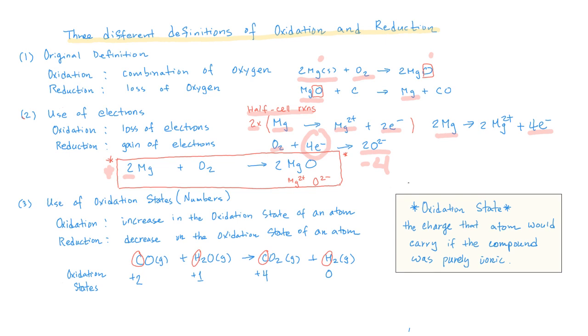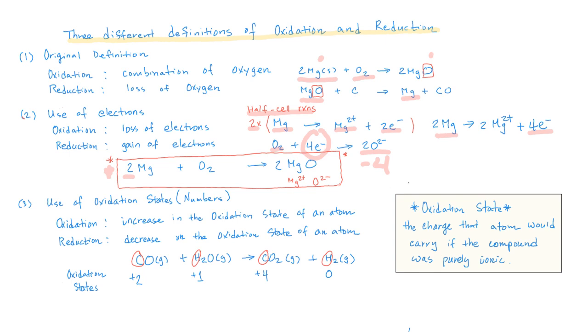So now let's learn about a different definition of oxidation and reduction using oxidation states or oxidation numbers. So let me start with the definition of oxidation state. The oxidation state of an atom is defined as the charge that the atom in a compound would carry if the compound was purely ionic.